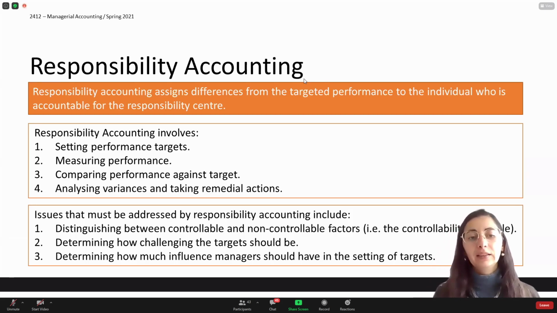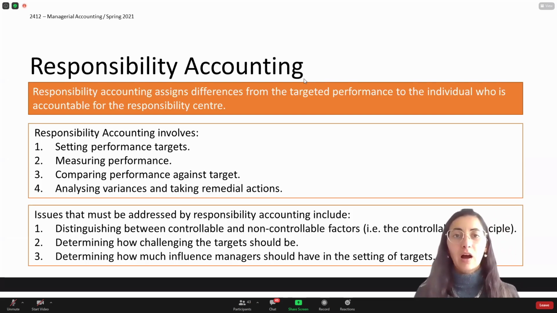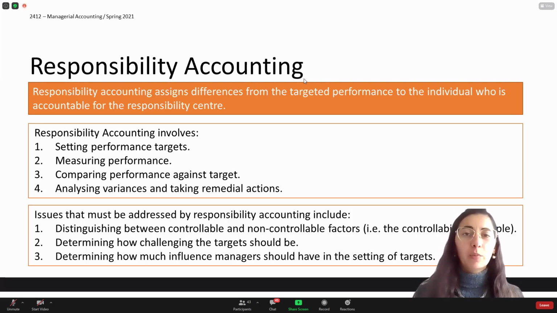And what do we need to take into account when we're talking about responsibility accounting? Obviously, in the example I gave you, there is a pandemic and we could not achieve the sales. We can only blame the managers or put responsibility on the managers for things that they can control.